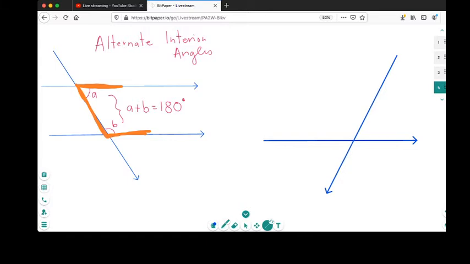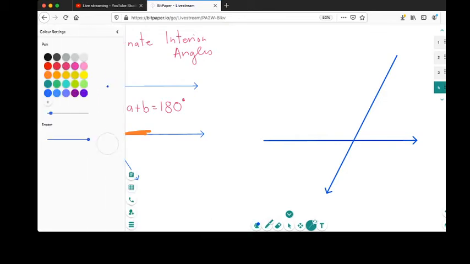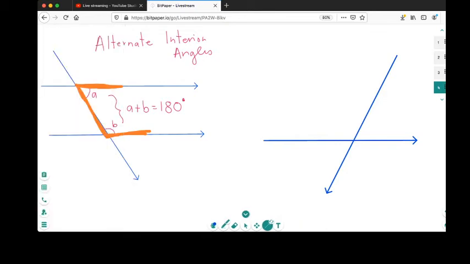Well, I know that here I have these two angles, A and B, that need to equal 180 degrees altogether. So if B is again like 130, then this is going to be 50.